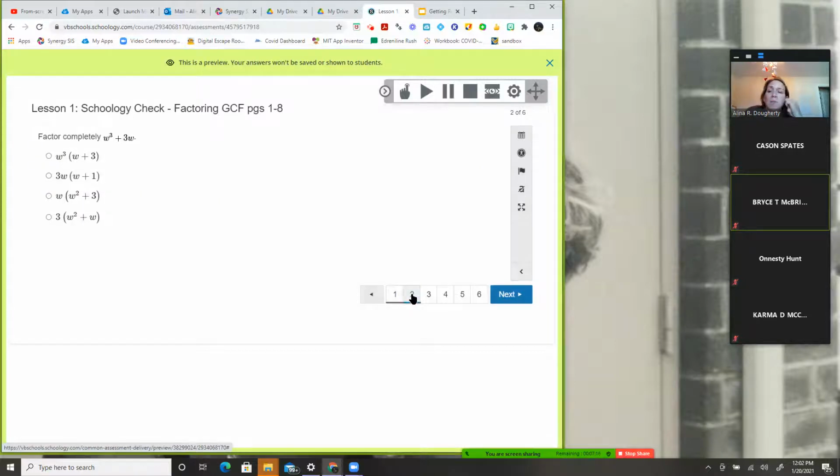So go ahead and look at number 2. What could I do? It's going to be the same process. Got w cubed and then 3w. Is there a number that's the same in both? Or a variable that's the same?